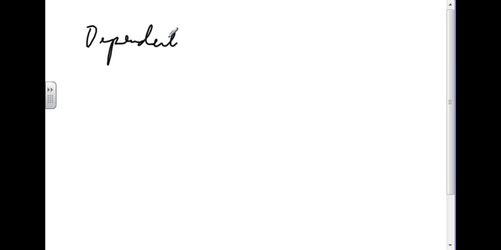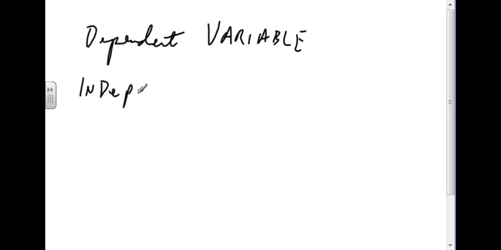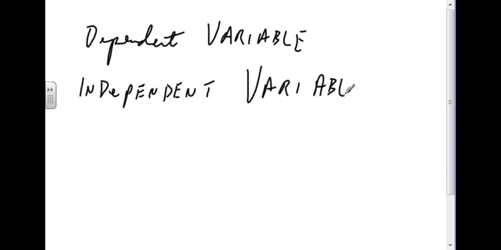All right. A function has a dependent variable. This is English. And it has an independent variable. All right, so I got y is equal to f of x.